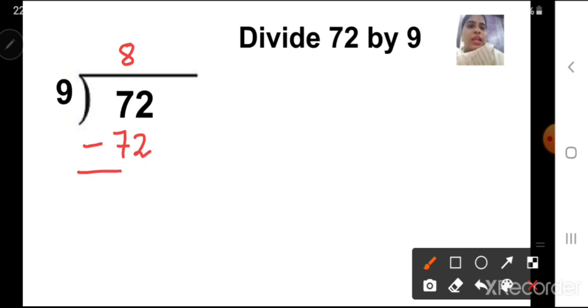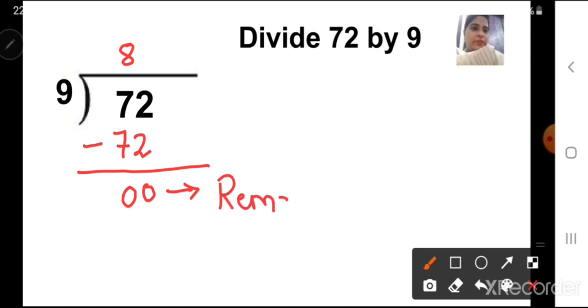Put a line, put a dash here and then subtract. 2 minus 2 is 0, 7 minus 7 is 0. So 9 eights are 72, and this 0 0, children, is known as the remainder. So our remainder is 0. Got it, children? 8 is our quotient, it is our answer.